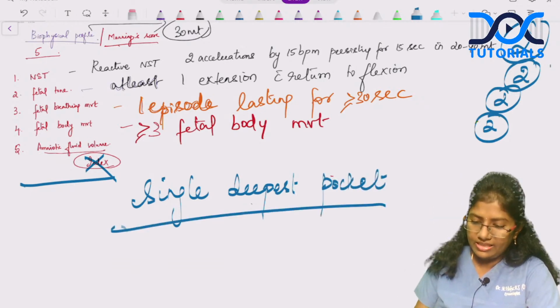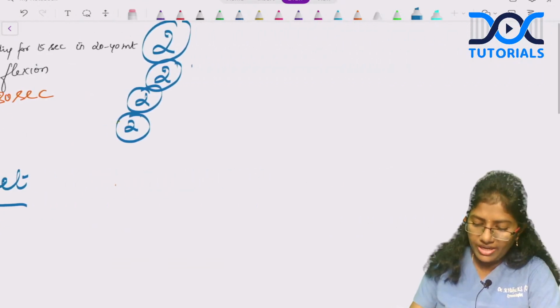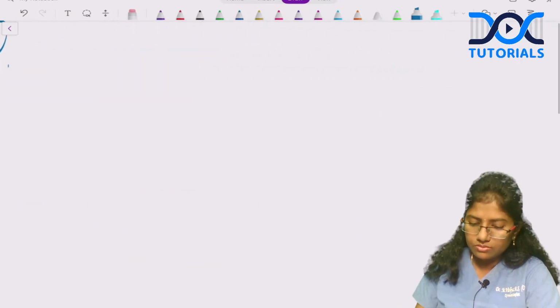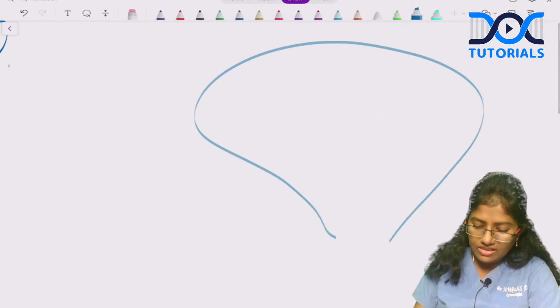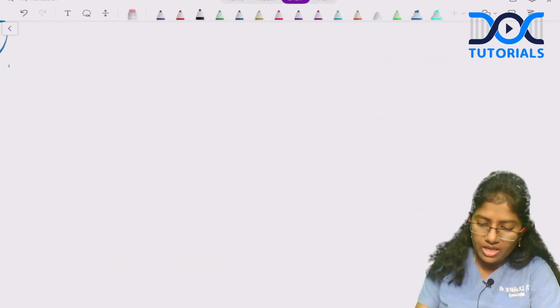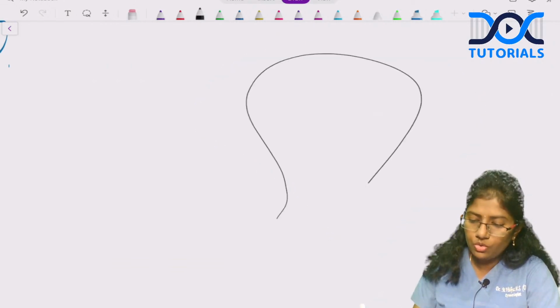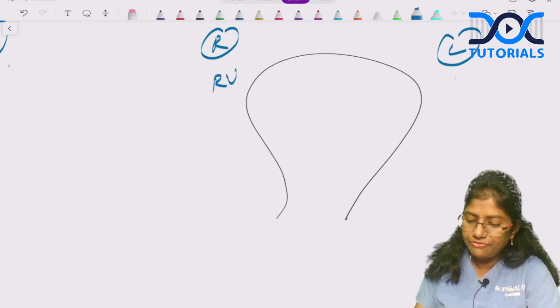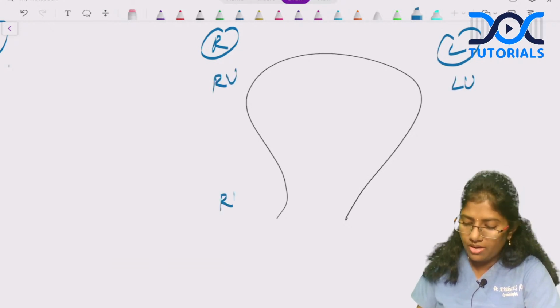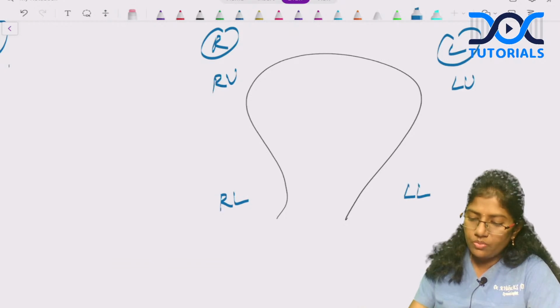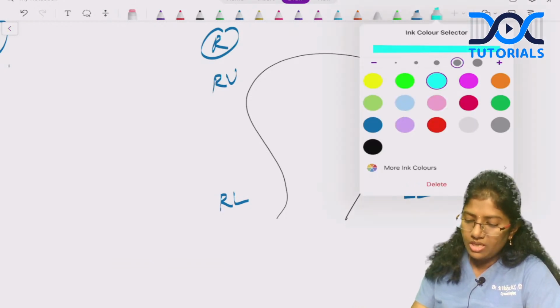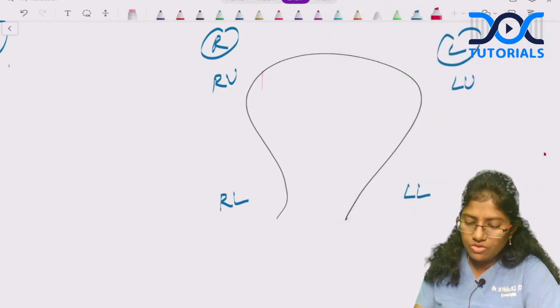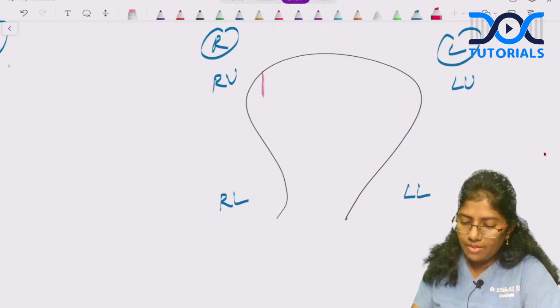Say this is the pregnant lady's uterus. Let's say this is the right side and this is the left side, and this is the right upper quadrant, left upper quadrant, right lower quadrant, left lower quadrant. We take vertical pockets of fluid like this in all the 4 quadrants.